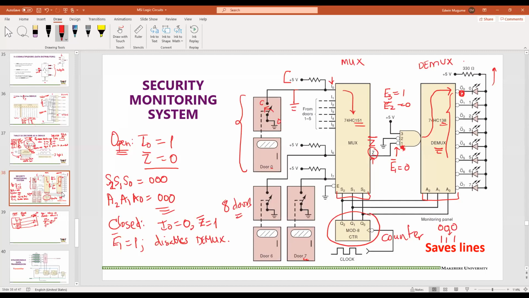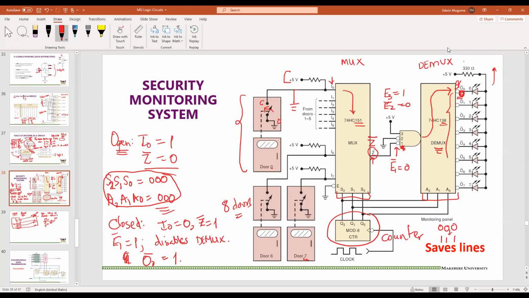That means in this case, because we are still looking at S2, S1, S0 as 000, and so also A2, A1, A0, we are still looking at this input. In that case, output 0 will actually be 1. And because it is 1, which is like 5 volts, there is not enough potential difference here to make that LED light up.